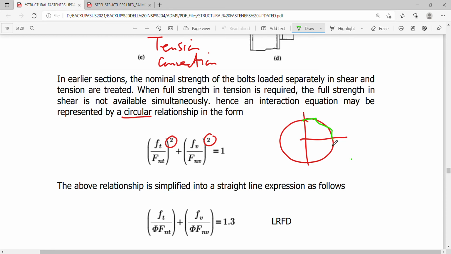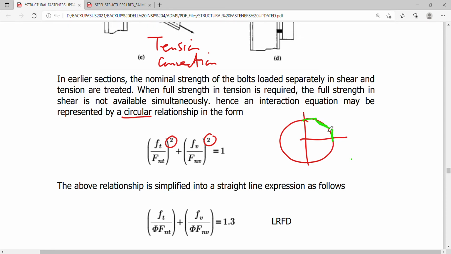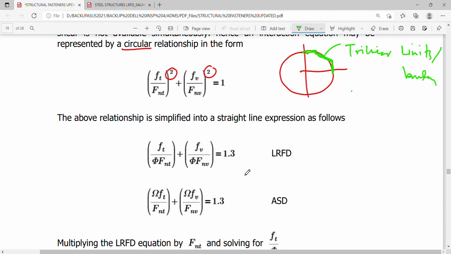We can make use of linear assumptions to approximate the interaction limits by this trilinear. Okay, so this is a trilinear limits or boundaries. Okay, so the above relationship is simplified into a straight line expression as follows.